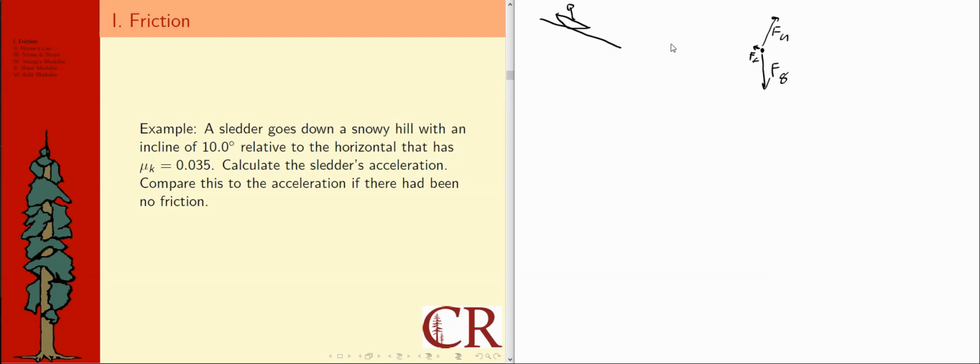Let me also state somewhere the direction of acceleration, maybe I'll put that in the picture here. I think it's pretty clear that the acceleration is down the hill like this, because that's going to help me to make some decisions. So my goal is to find acceleration, so naturally I'd want to use Newton's second law. F net equals mass times acceleration.